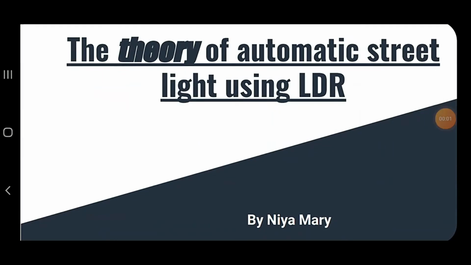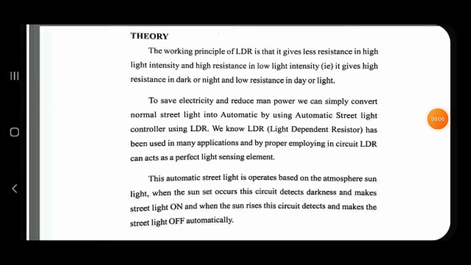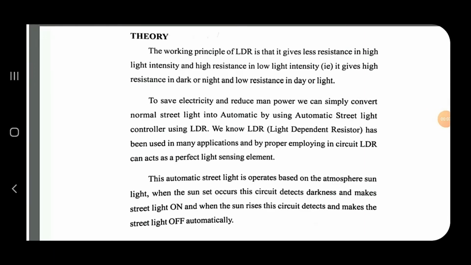Now, the theory of automatic street light using LDR. The working principle of LDR is that it gives less resistance in high light intensity and high resistance in low light intensity. That is, it gives high resistance in dark or night and low resistance in day or light. To save electricity and reduce manpower, we can convert a normal street light into an automatic one by using an automatic street light controller using LDR.